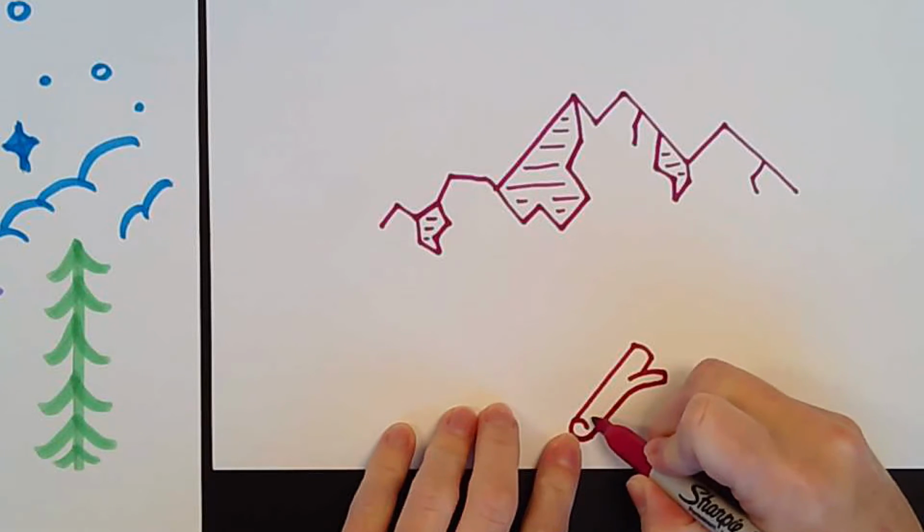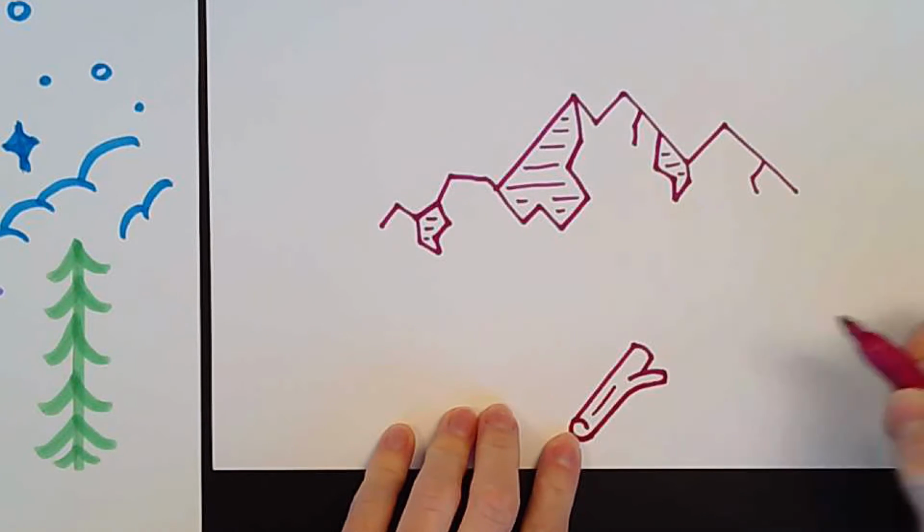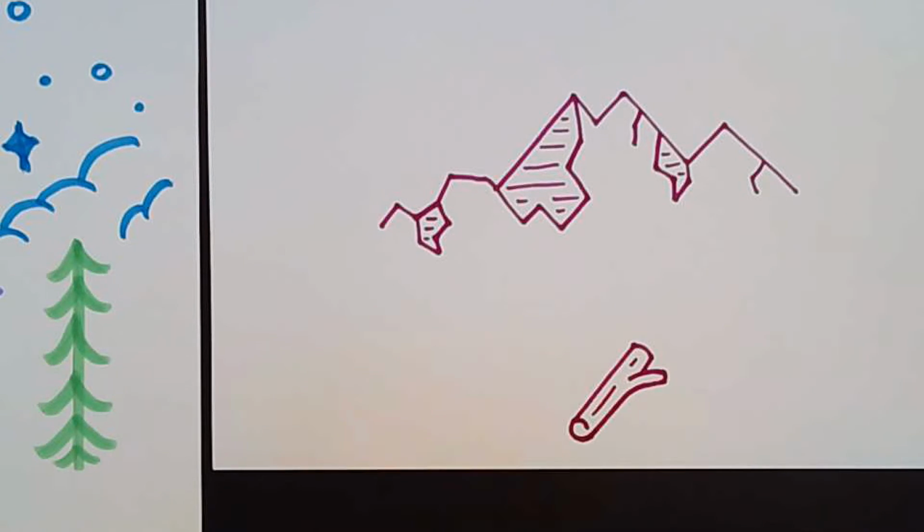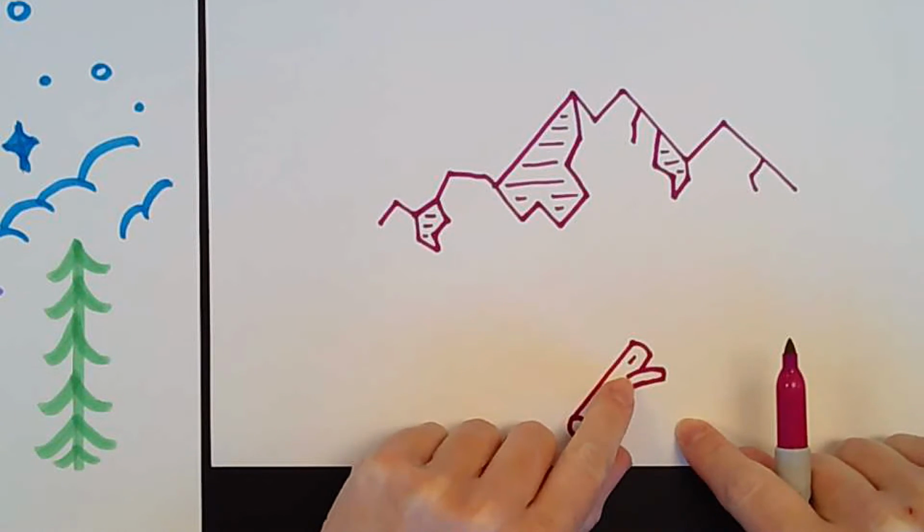And then I'm going to draw a diagonal line on either side. That's going to kind of give it the look of having some bark on it. Okay, now, see where this line is?